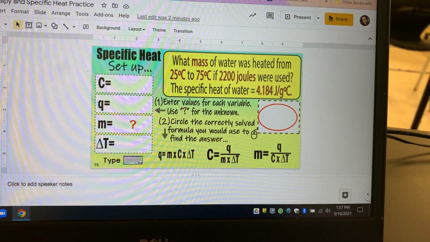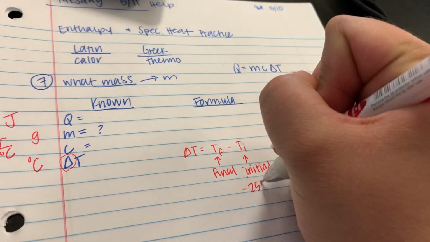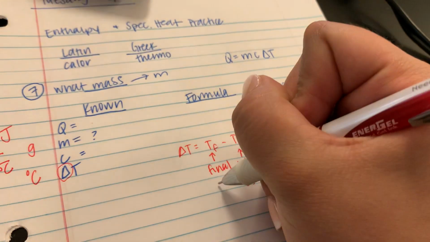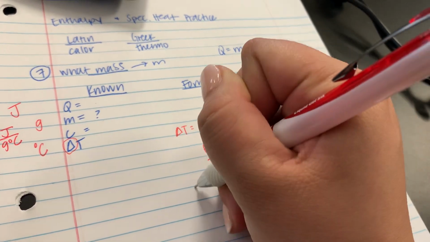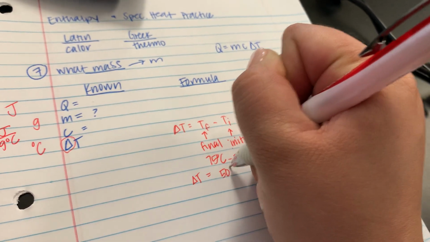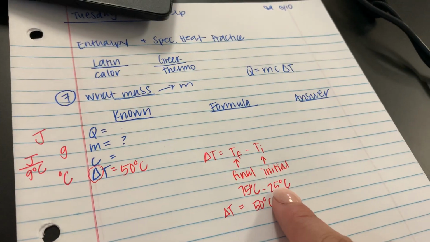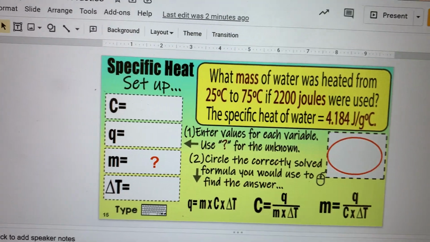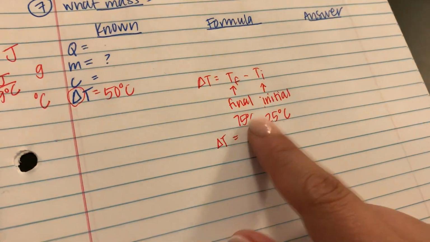So which one is our initial? What did we start with? 25. So we started with 25 degrees Celsius and we ended with 75 degrees Celsius. So 75 minus 25, obviously our delta T is 50 degrees. You only need to subtract them though, guys, when they give you two temperatures like this. If they don't give you two temperatures and they only say this is the temperature change, then you don't need to do this part.